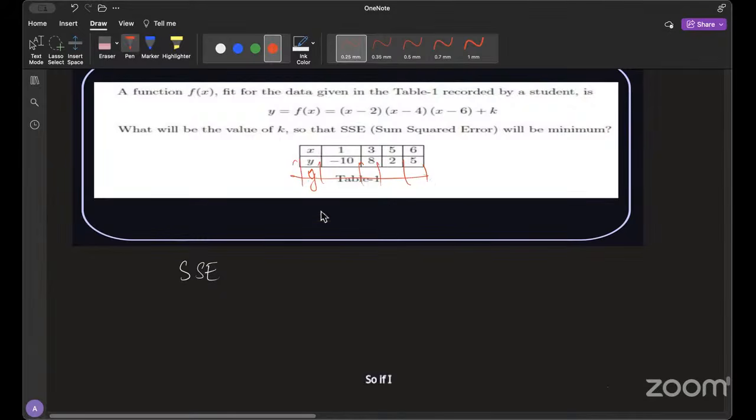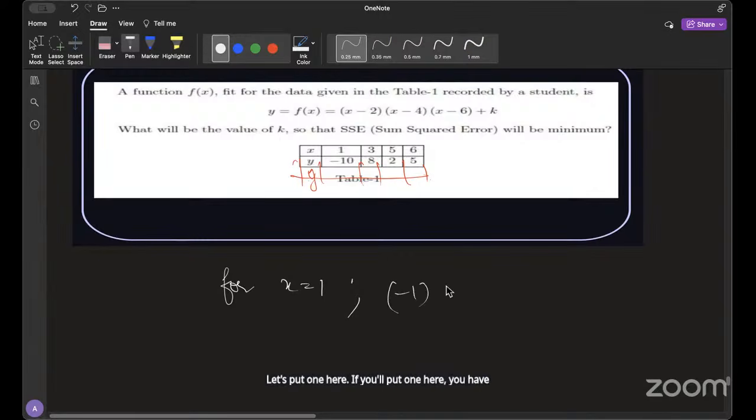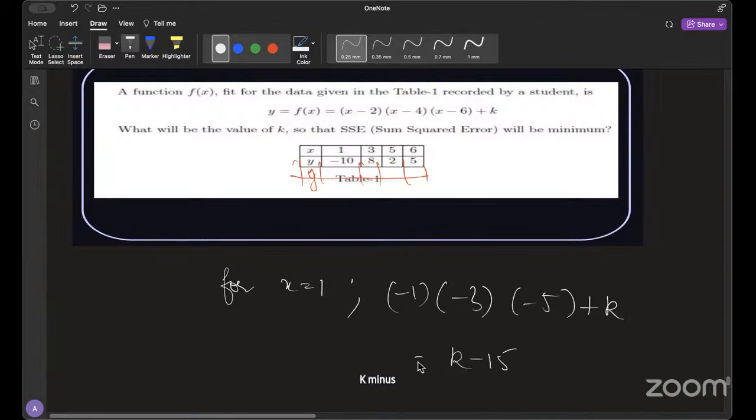If I put x equals 1, you will have -1, -3, and -5 plus k. So this gives you k minus 15. Your y cap will be k minus 15.